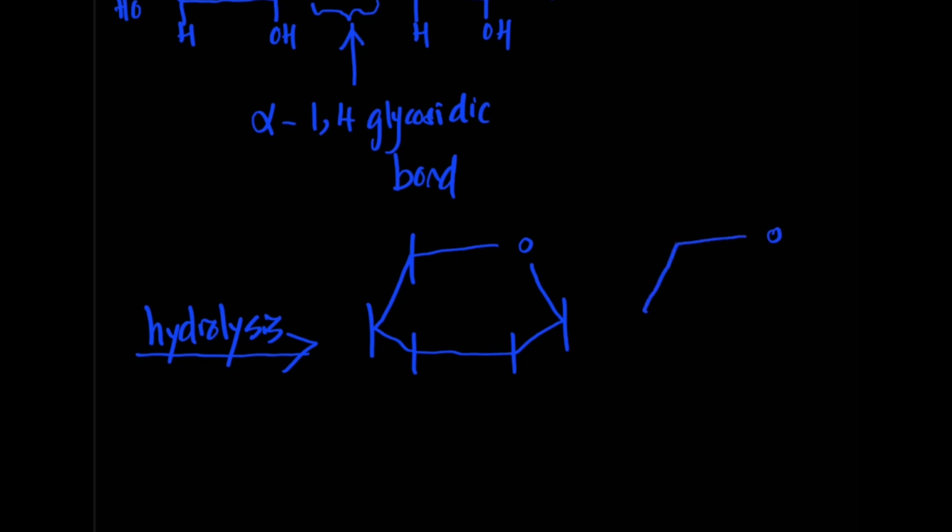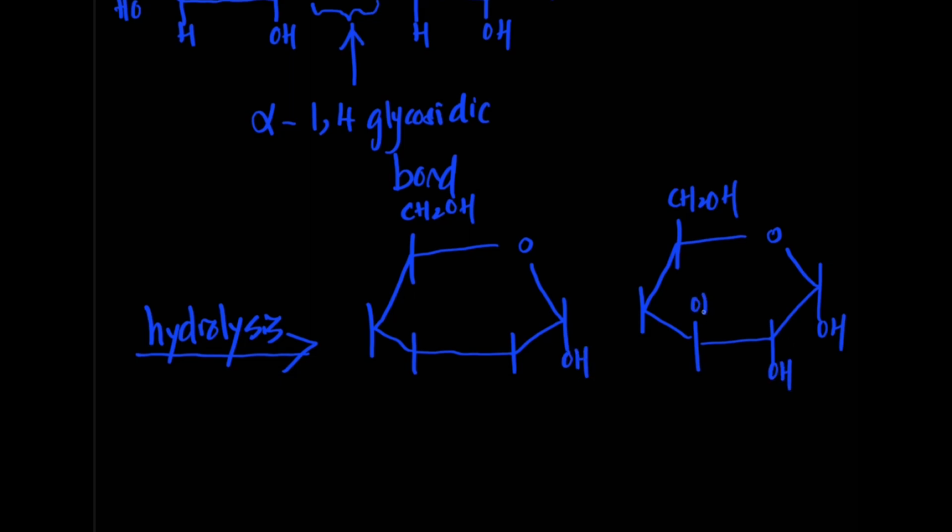alpha glucoses. So I draw the ring structure first before I forget. I quickly jot down the carbon number 6, the OH of the C1, the BAB, the H. Make sure the structure is complete.